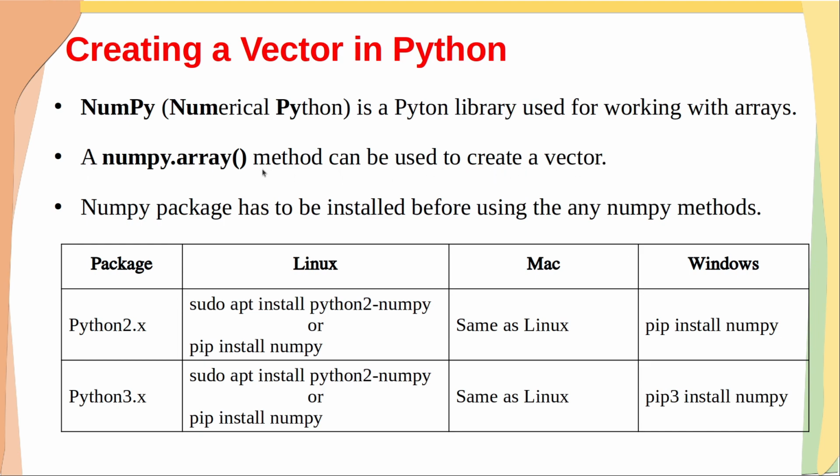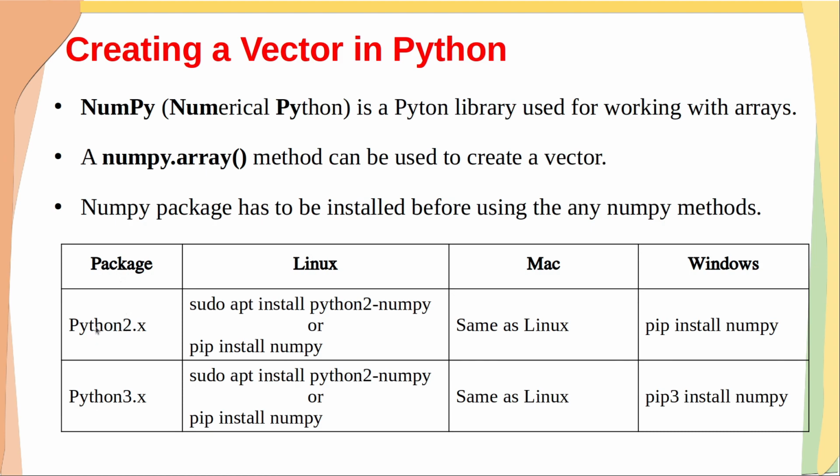We are going to write a program using this particular library, and the NumPy package has to be installed before using any NumPy methods. Dear friends, before you could program using the NumPy library, you need to install it based on the Python version that you have installed.